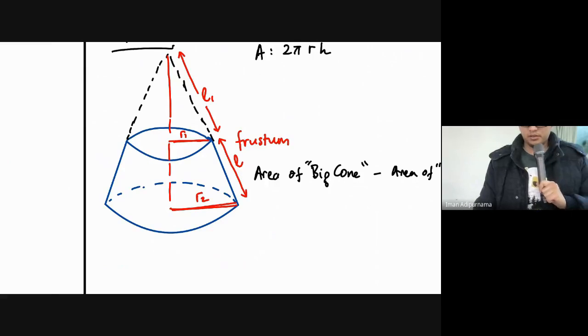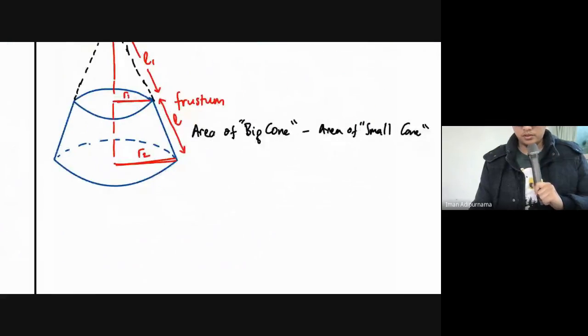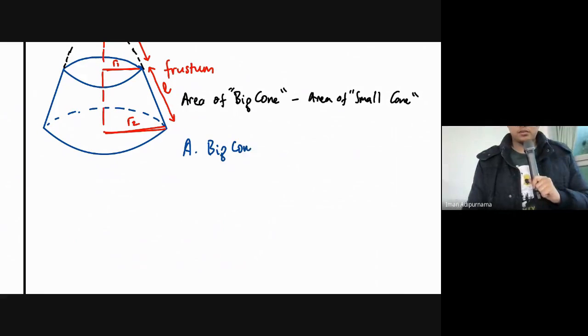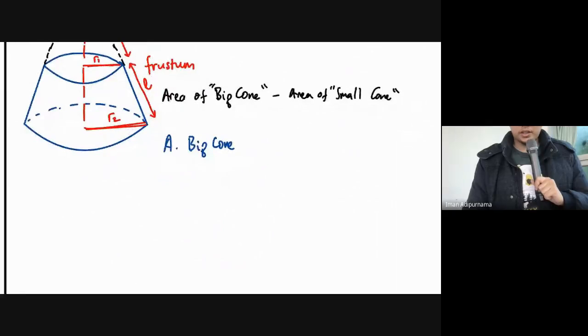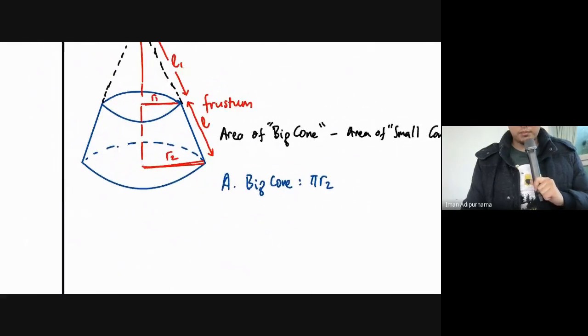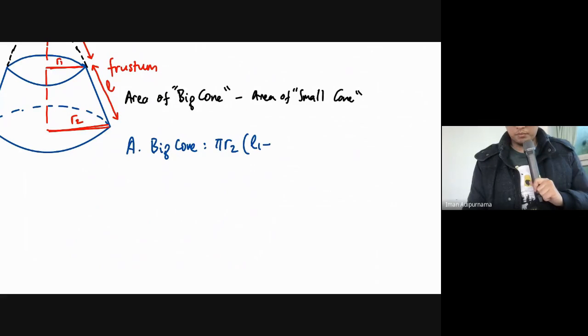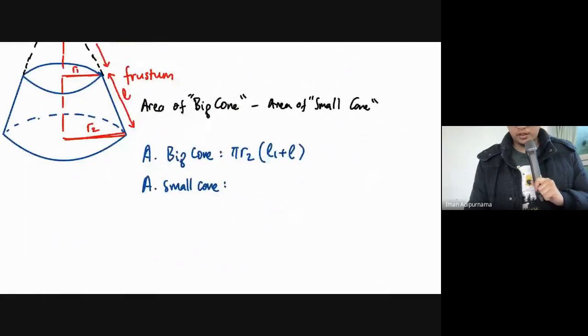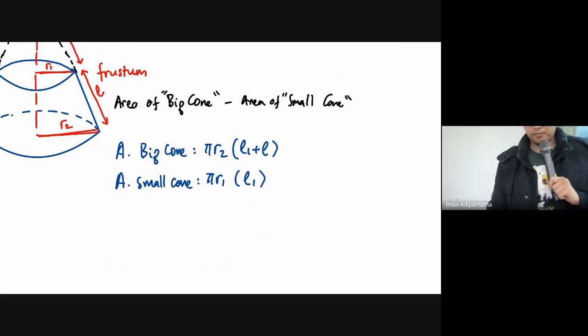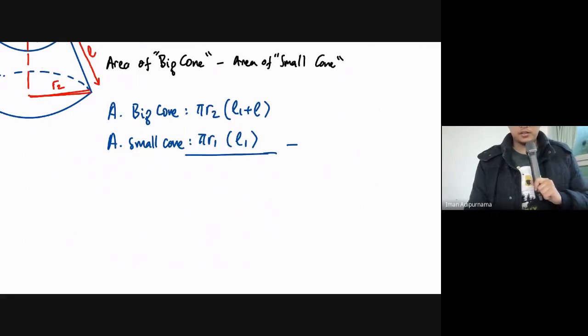Based on what we did on the cone, let me write the area for the big cone. The radius is R2, so I can write pi R2 times L1 plus L. And the area of the small cone is pi R1 L1. So I need to subtract this.